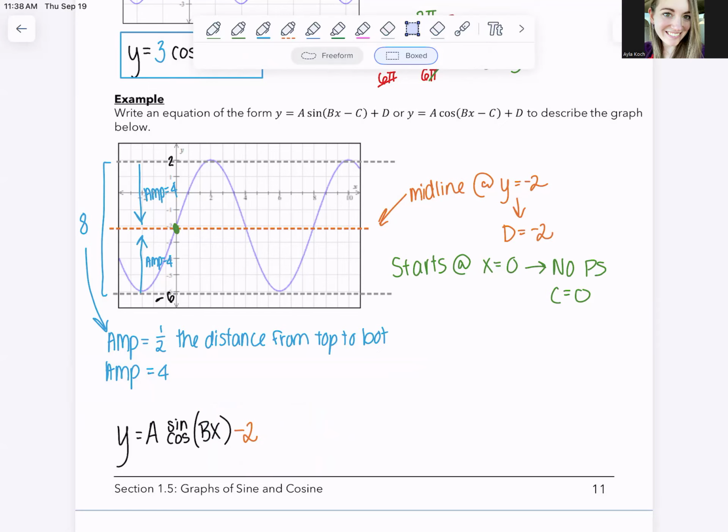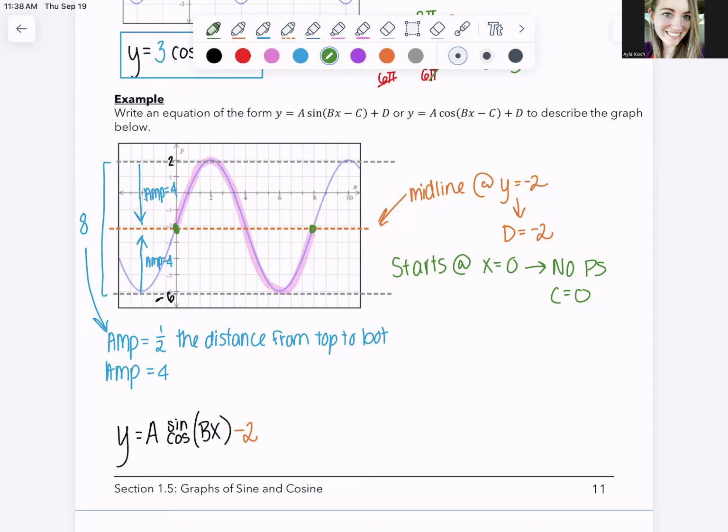And now let me highlight them. We're looking at that chunk right there. So it looks like one period of sine takes 8 units because it goes from 0 to 8.